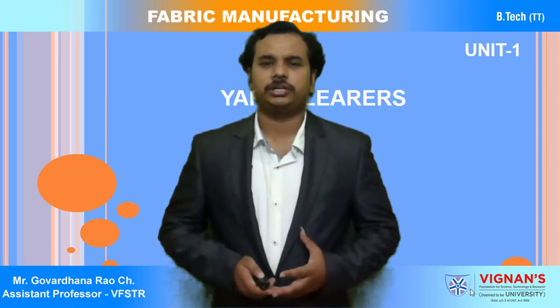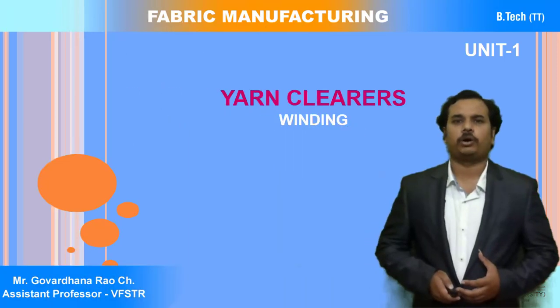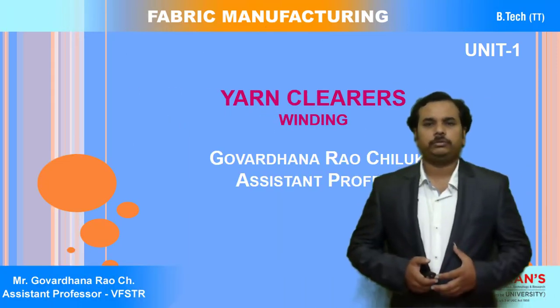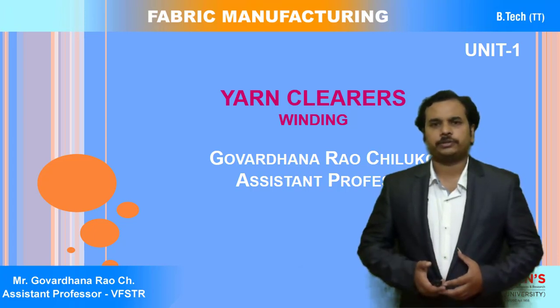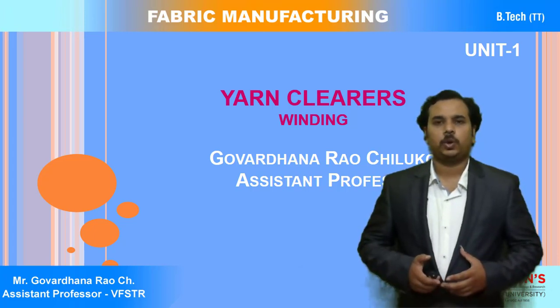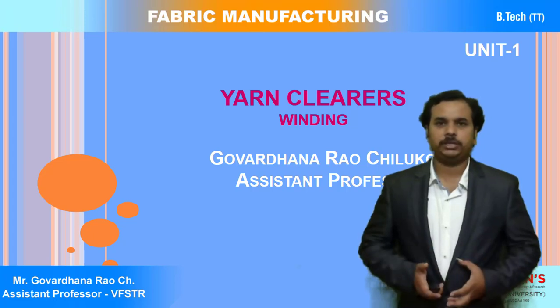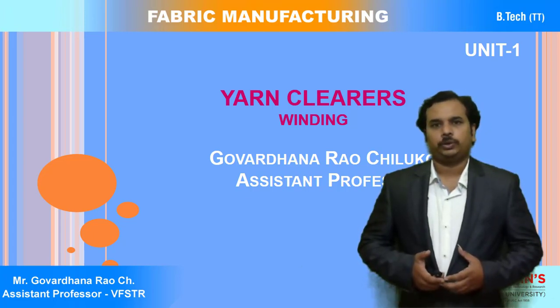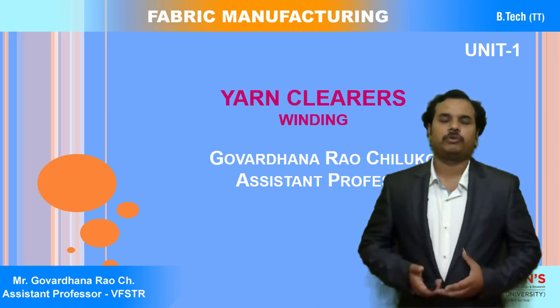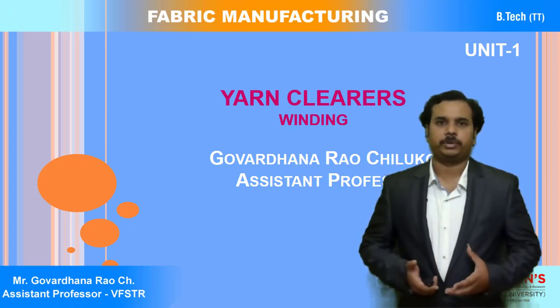In the last sessions we have discussed a few things related to the introduction to fabric manufacturing. What are the different types of fabrics, like woven fabrics, knitted fabrics, non-woven fabrics and braided fabrics.